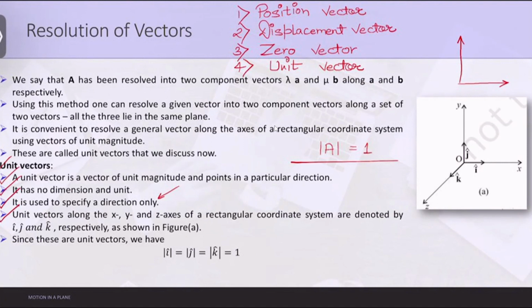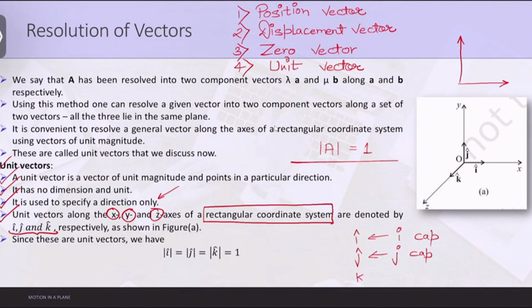Unit vectors along the x, y, and z axes of a rectangular coordinate system are denoted by I cap, j cap, and k cap. There is a cap over I, j, k, and hence these are a representation of unit vectors.